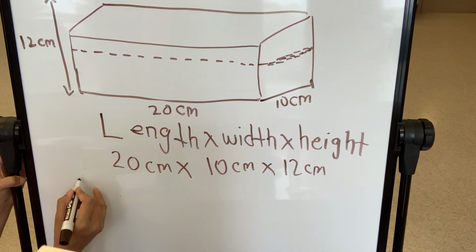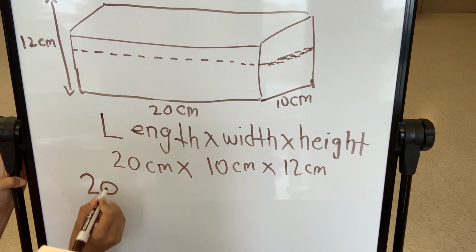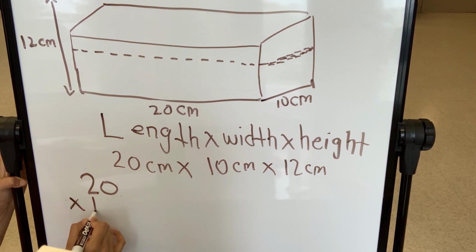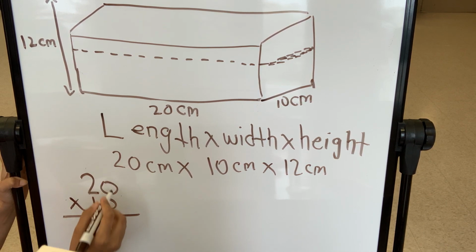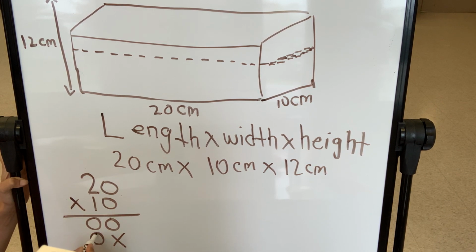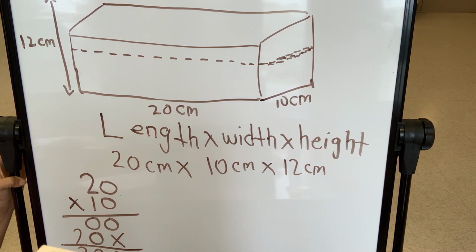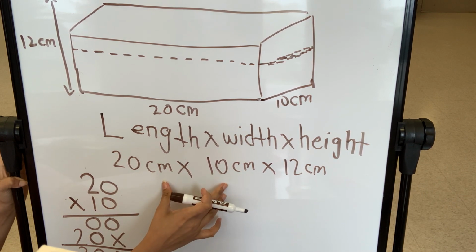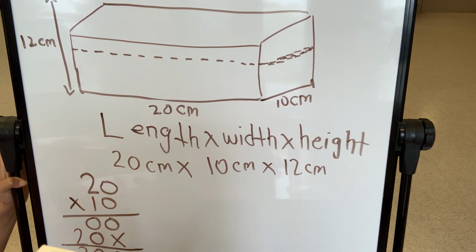So I'm going to multiply these three. Okay, so 20 times 10, 0 times 0 gives me 0, 0 times 2 gives me 0, 1 times 0 gives me 0, 1 times 2 gives me 2. So far I have 200, because I multiplied two numbers first, because altogether it might be difficult, right?